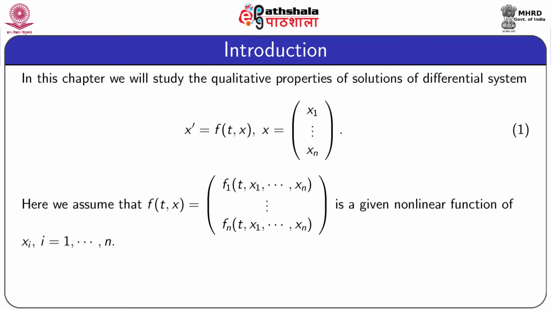In this chapter, we will discuss the qualitative properties of the solutions of the differential equation of the form x dash, which is equal to dx/dt, is equal to f(t, x), where x is an n cross 1 vector (x1, x2, ..., xn), and f(t, x) is equal to (f1(t, x1, x2, ..., xn), f2(t, x1, x2, ..., xn), ..., fn(t, x1, x2, ..., xn)), which is a nonlinear function of the xi's, i equal to 1 to n.